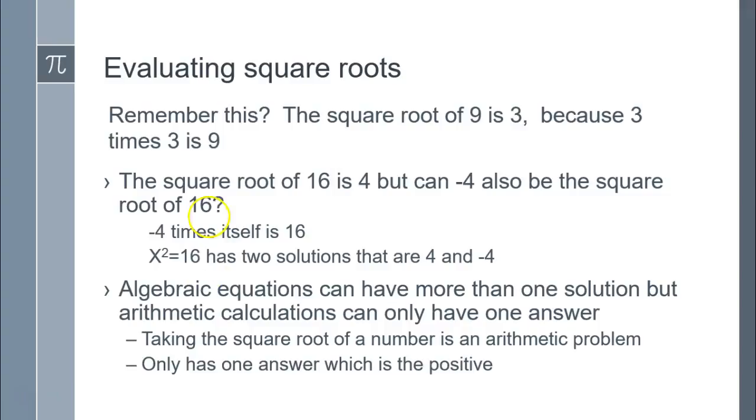The reason we don't say the square root of 16 is negative 4 is because when you're asked to find the square root of a number, it's an arithmetic problem, and arithmetic problems have one solution. So if you were asked to find all of the values of x that made this equation, x squared equals 16, true, there would be two solutions, because you're not being asked what's the square root of 16.